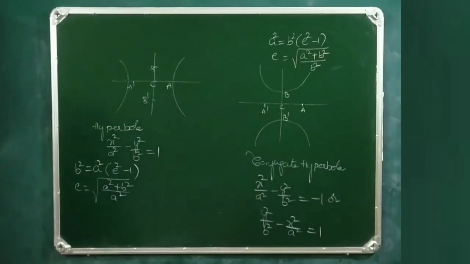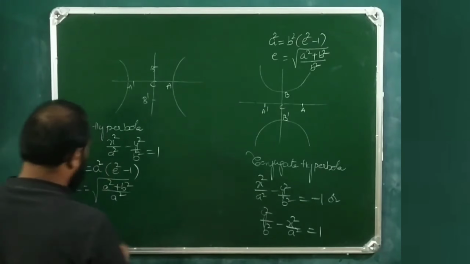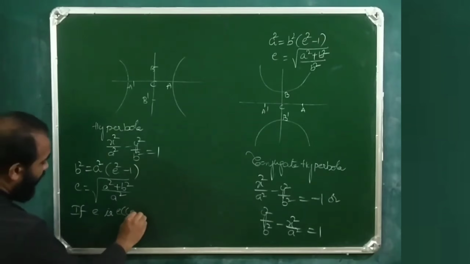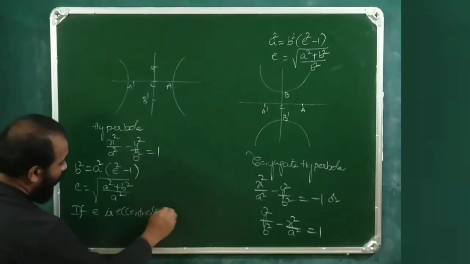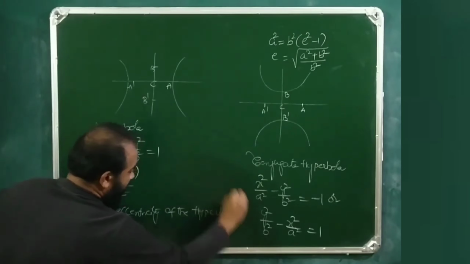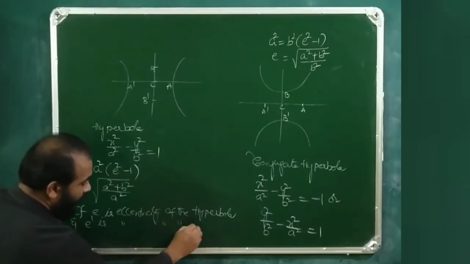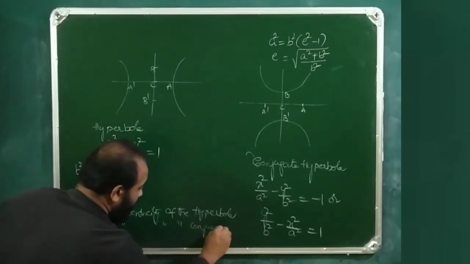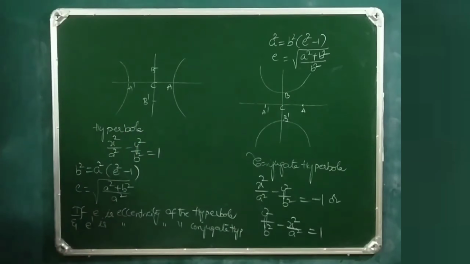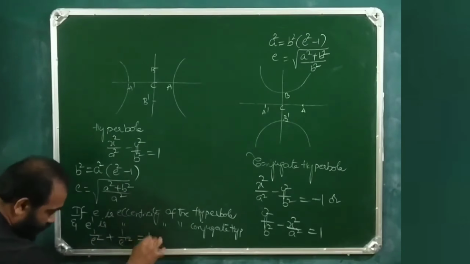So let us suppose that e is the eccentricity of the hyperbola and e dash is the eccentricity of the conjugate hyperbola, then they are connected by the relation 1 by e square plus 1 by e dash square equals 1.